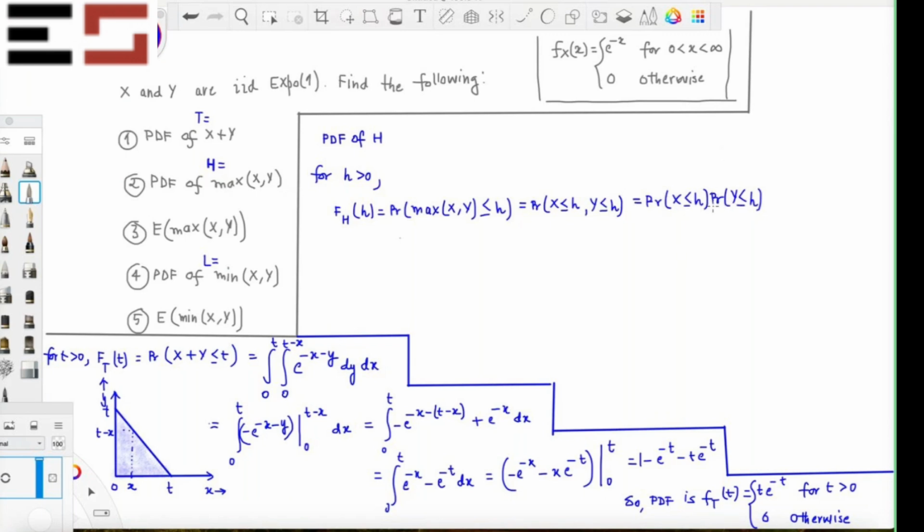And since they are identically distributed as well, we can just write one of them.